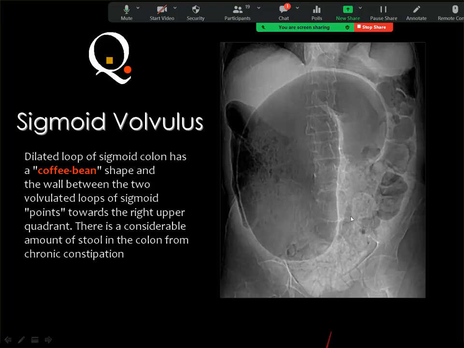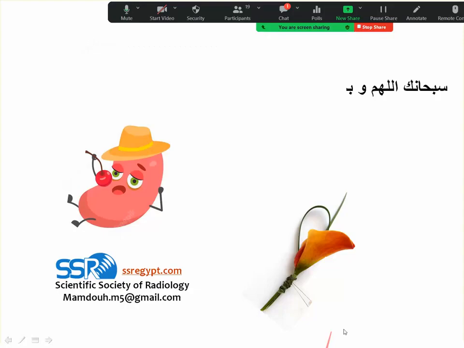This is an emergency, and the sigmoid volvulus and also the cecal volvulus are one or two of the lesions that cause abdominal pain and distension, and they are considered surgical emergencies.